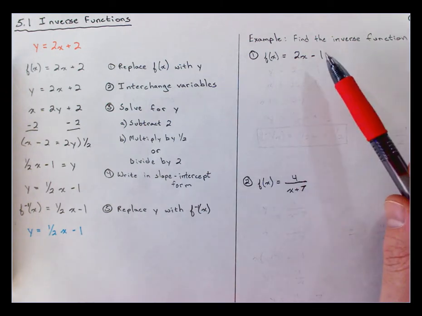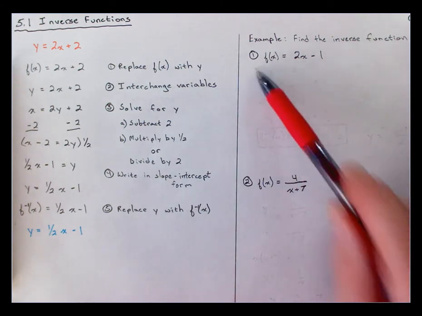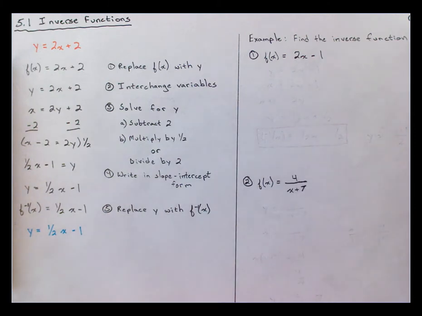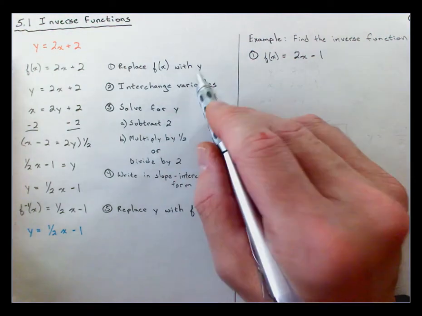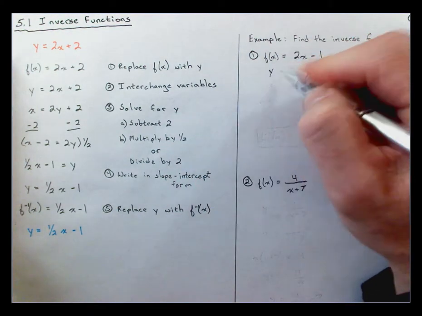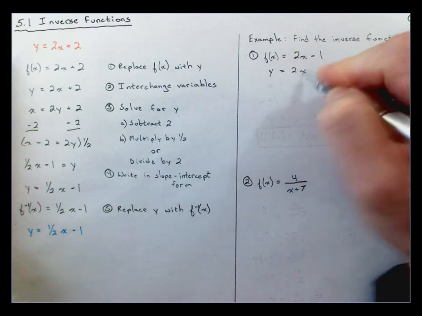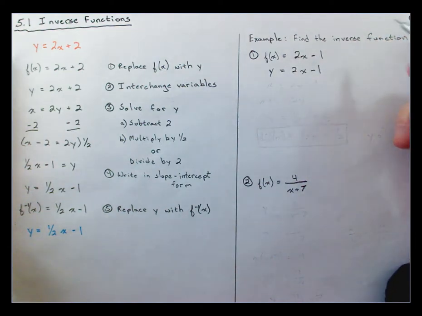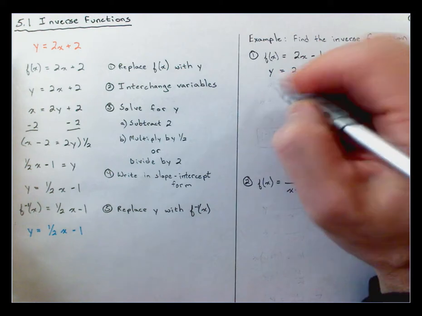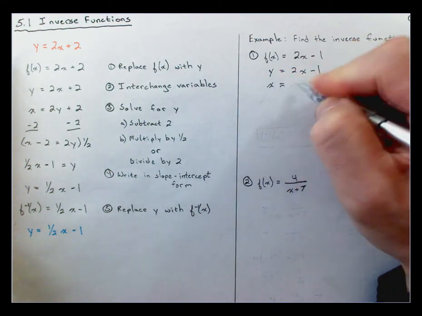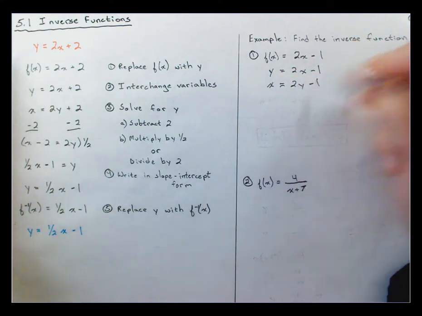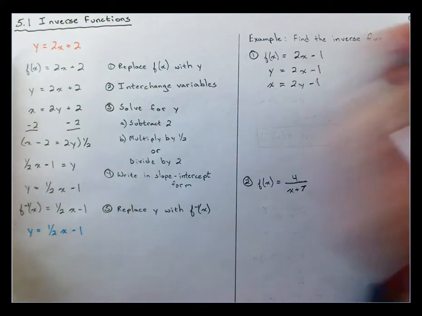What I would like for you to do is pause the video and see if you can solve 1 and 2. Number 1, first thing I'm going to do is replace f of x with y. So y equals 2x minus 1. Then I'm going to interchange my variables. X equals 2y minus 1. Now I solve for y.